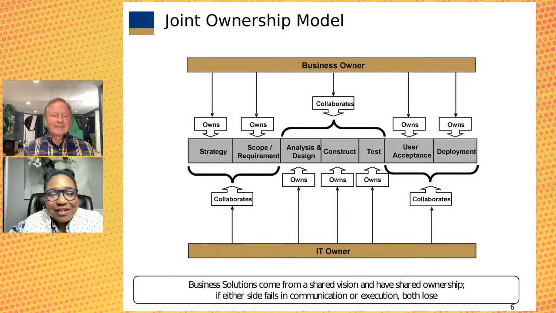There's no confusion around it, who the business owners are, who the technology owners are, and who comes together. So whenever there's a decision that needs to be made about funding or scope or design or construction, it all goes through the same people. You just have a different role that you're playing in the organization.